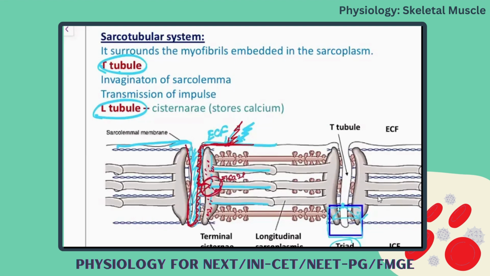And what are all these structures? They are the myofilaments, actin and myosin. This calcium will go and reach the myofilaments, and these myofilaments will get activated and be involved in the action of muscle contraction.